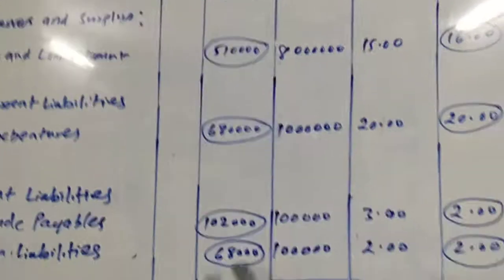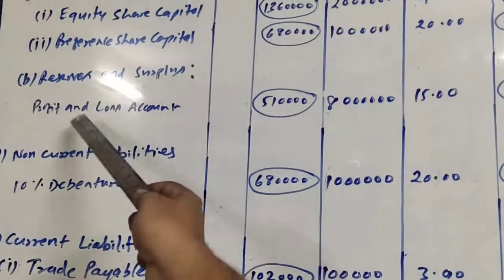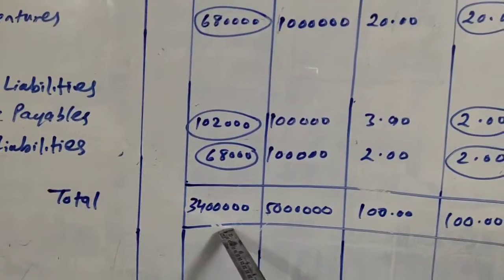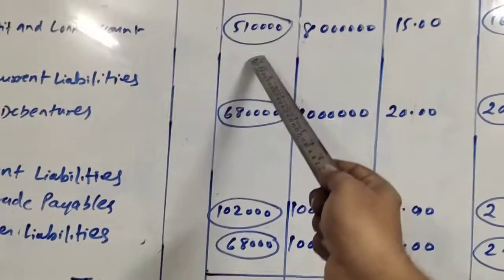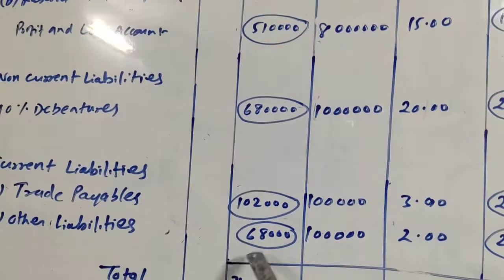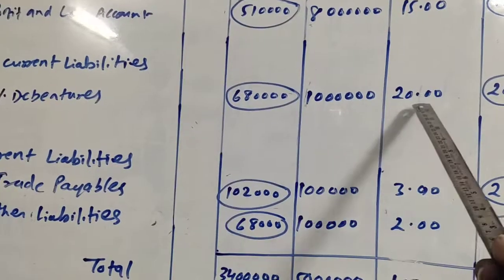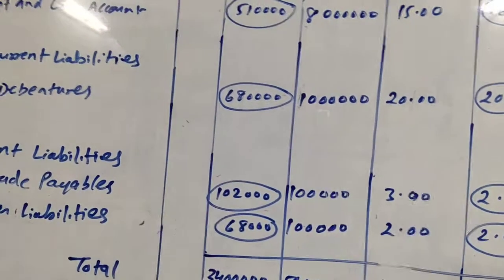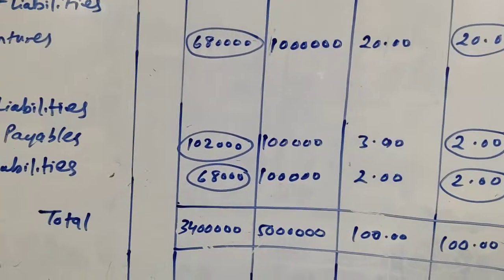Reserves and surplus, it is given 20%, so 34 lakh into 20% will give us 6 lakh 80,000. Then profit and loss account, it is given 15%, so 34 lakh into 15% we will get 5 lakh 10,000. Debentures, it is given 20%, so 34 lakh into 20% we get 6 lakh 80,000.